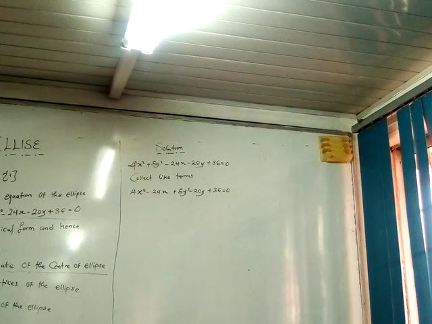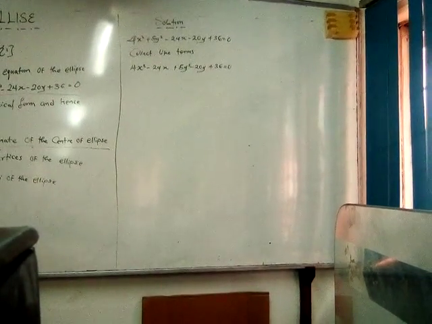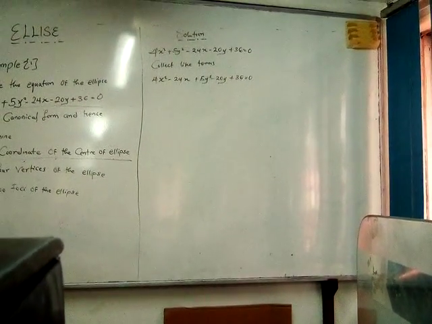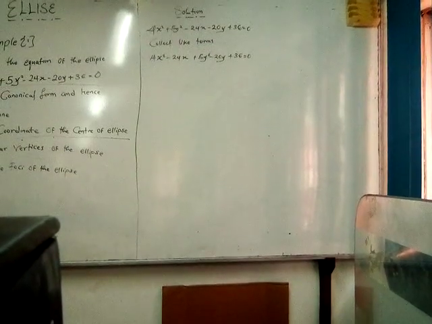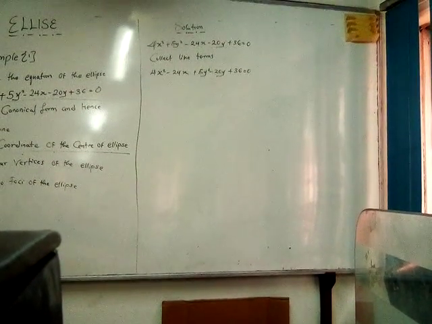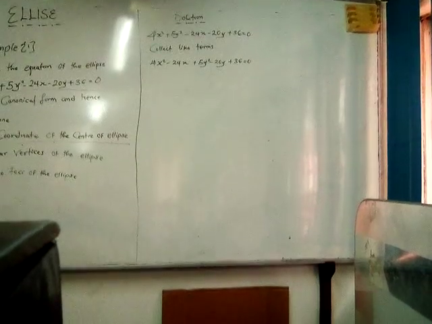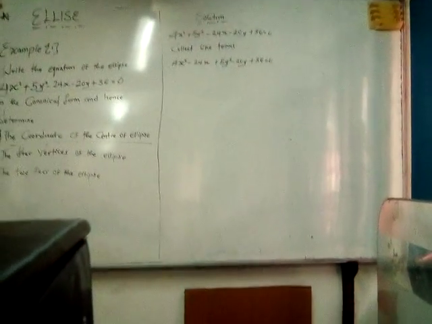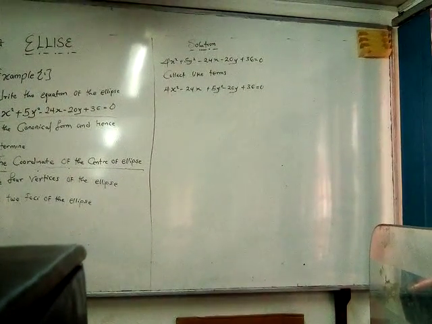So we are having 4x squared minus 24x plus 5y squared minus 20y plus 36 equals 0.